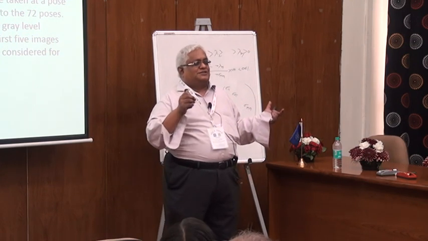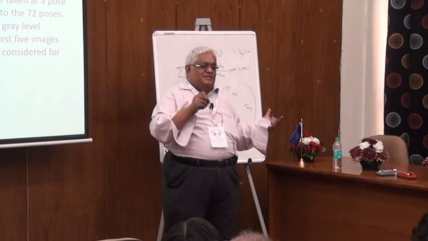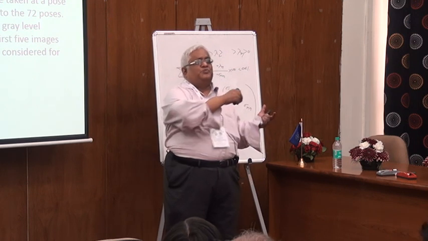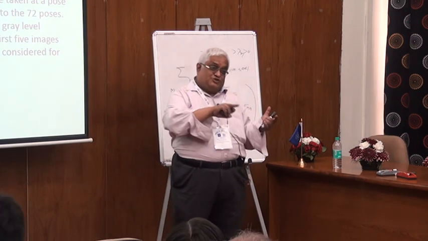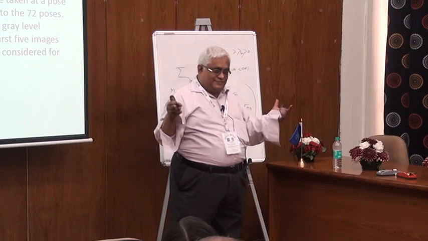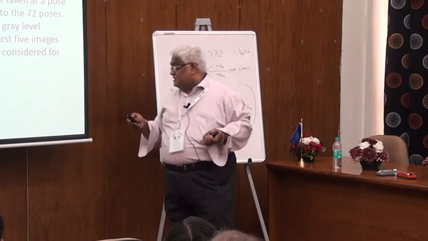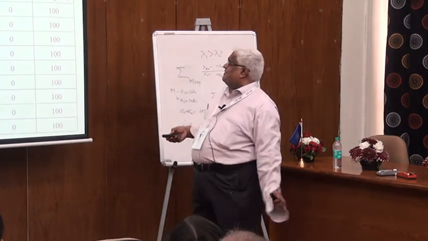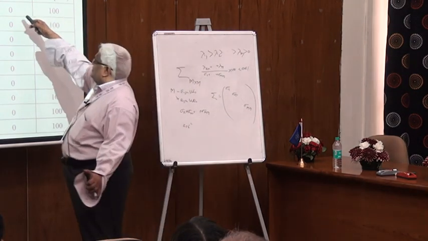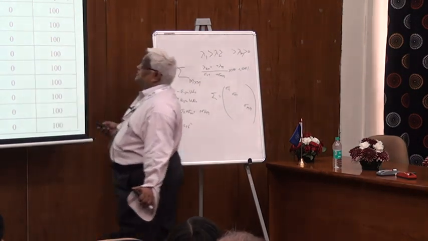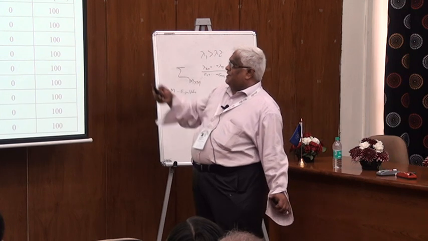So the system should say that none of these objects should be put within this face class. It should be outside the face class. And that's what it has done. These are the 0, 0, 0s. They correspond to that.